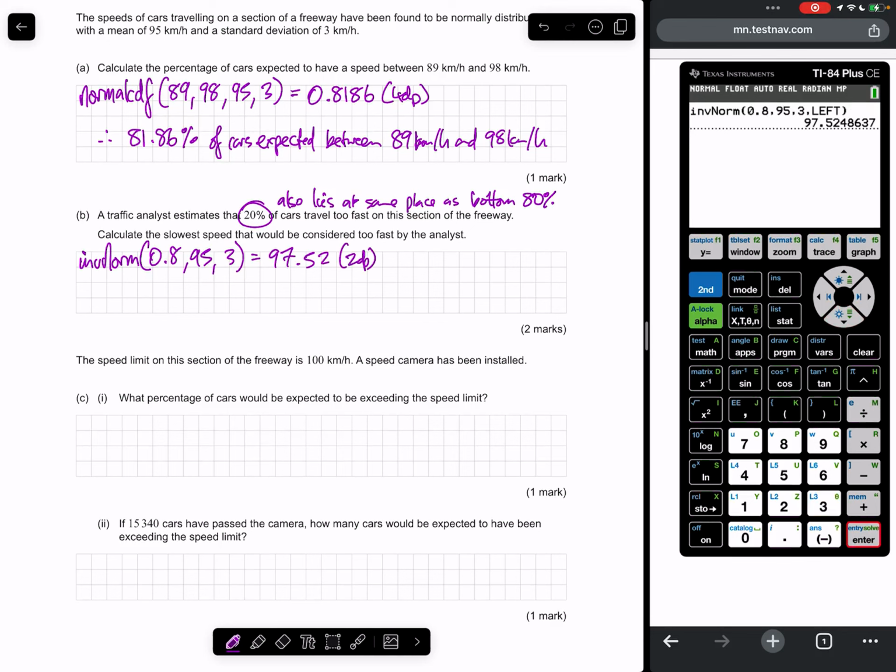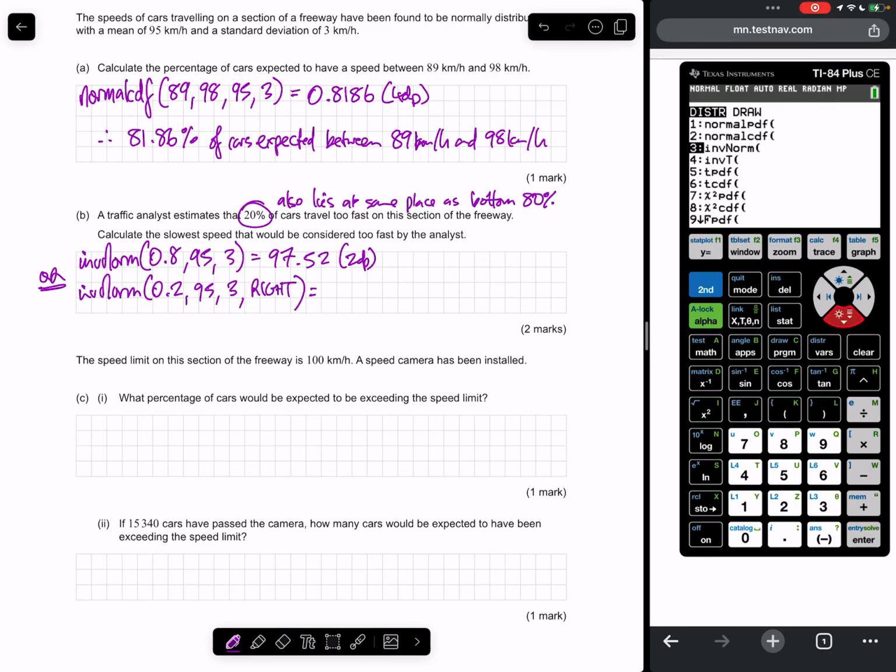But if you've got the newer calculator, you could do the 20% as the area, so 0.2, comma 95, comma 3, comma right, and you should get the same answer. Second dist, inv norm 0.2, everything else the same, but set the tail to the right.